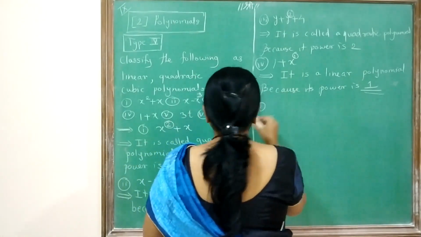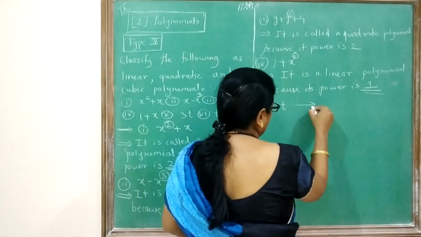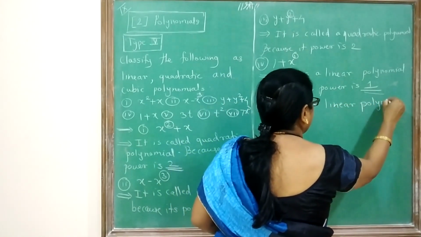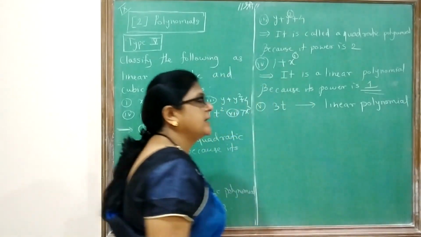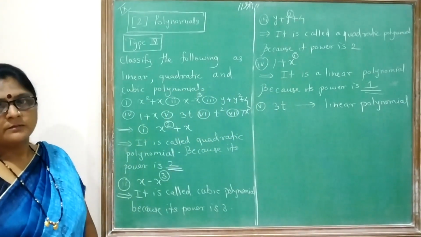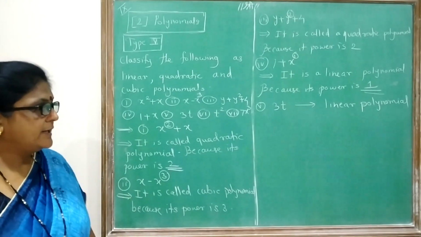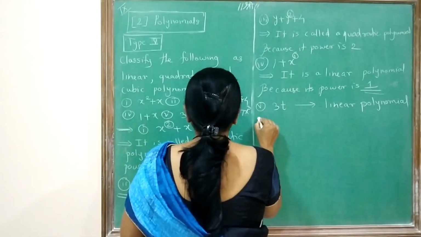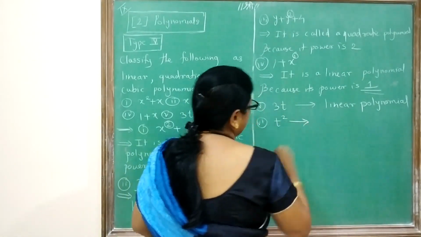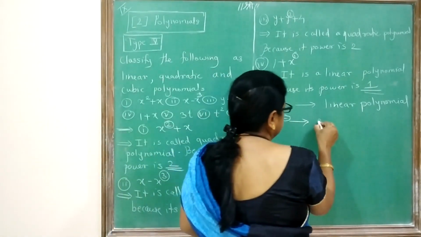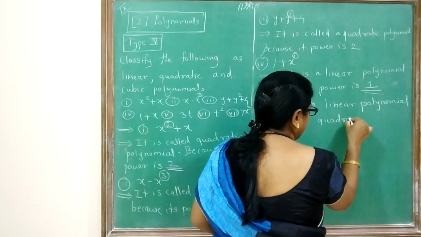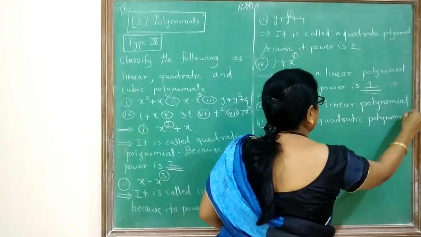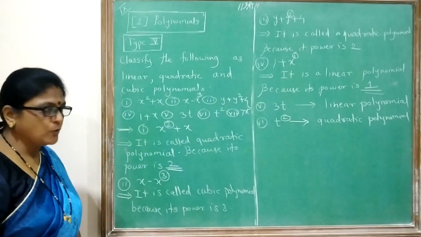Then your fifth example is 3t. Here also it is called a linear polynomial. You will write in a full sentence: it is also called a linear polynomial because its power is 1. In the sixth example, t square, here power 2 is present and it is called a quadratic polynomial, because its power is 2.